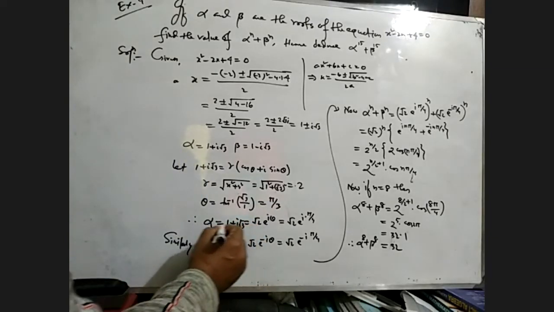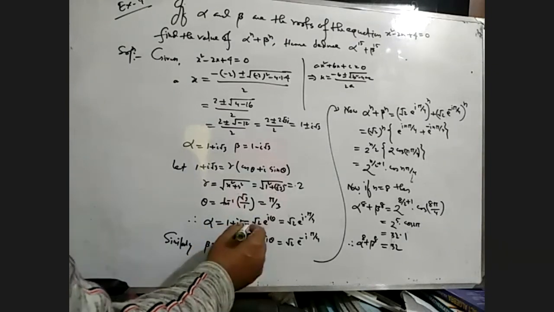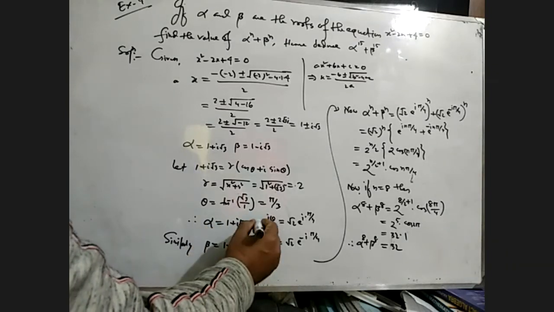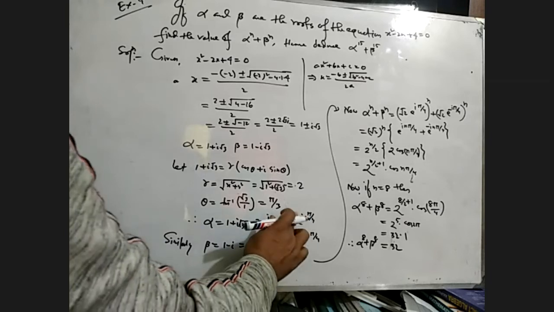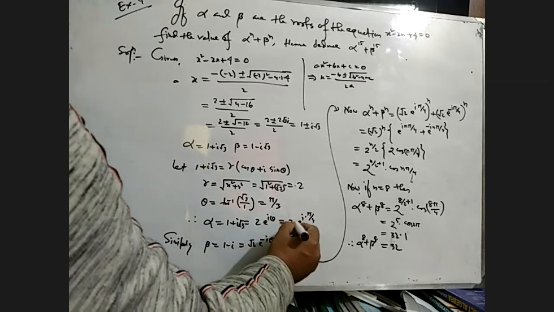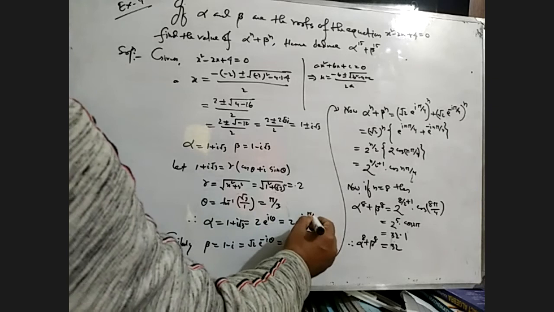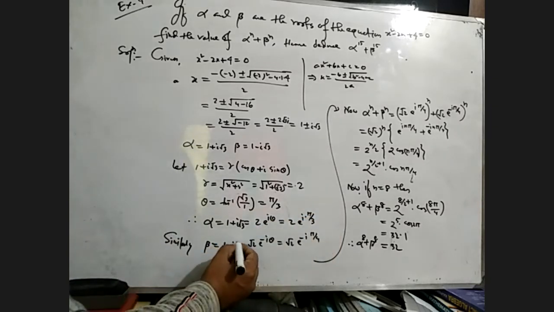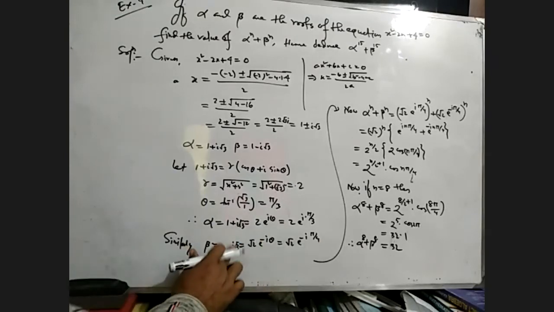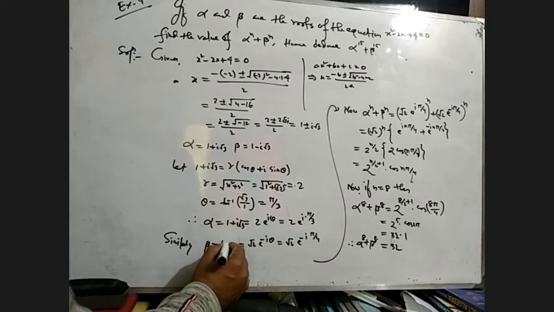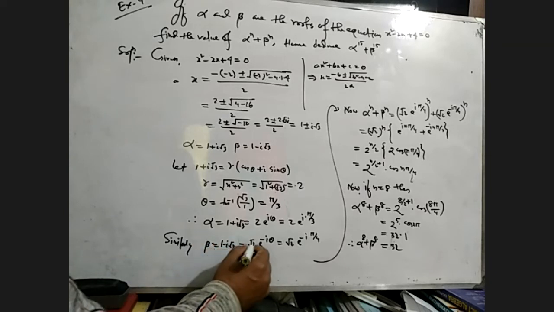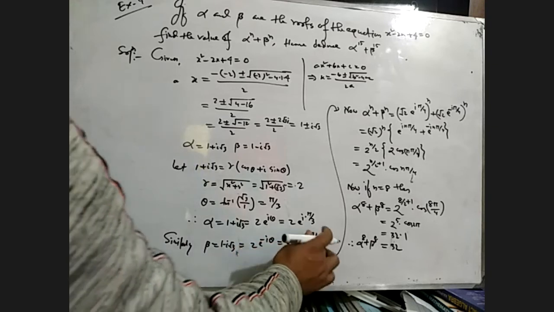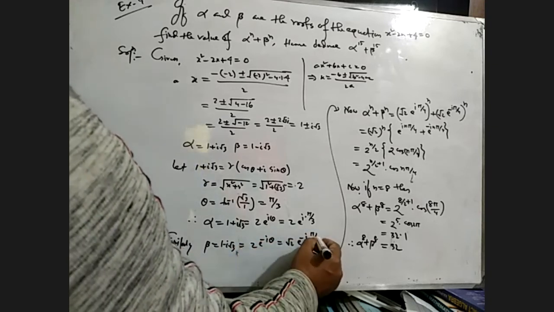So first root 1 plus i root 3 equals to 2 into e to the power i theta, that is 2 into e to the power i pi by 3. Similarly, beta, 1 minus i root 3, can be written as 2 e to the power minus i pi by 3.